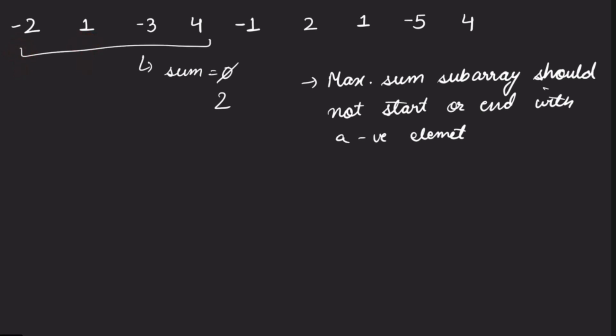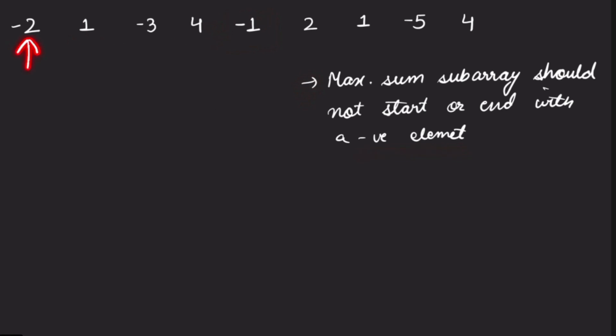Now a similar thing applies for the last element also. If the last element in my subarray is negative, so let's suppose this subarray was ending here, then in that case this minus 1 would have been decrementing my sum by 1, right? But if I ended my subarray here itself, then I would get a greater sum, right? So whatever will be our maximum sum subarray, that should not start or end with a negative element, right?